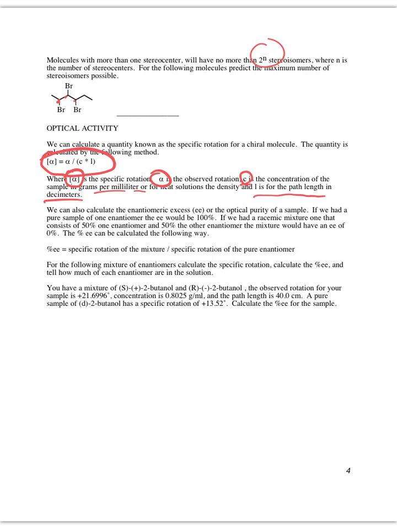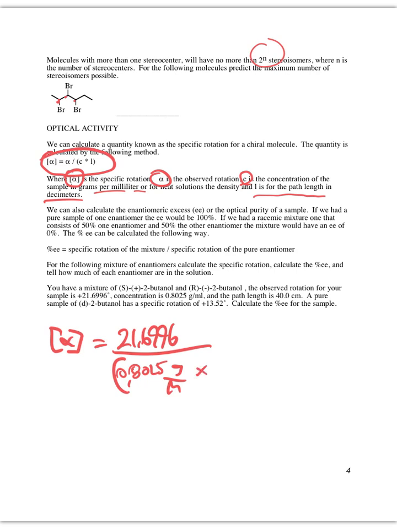So for this, all we have to do is calculate this being 21.6996 times the concentration, which is 0.8025 grams per milliliter, and that's times the path length, 40 centimeters, which when we convert centimeters to decimeters is 4 decimeters.